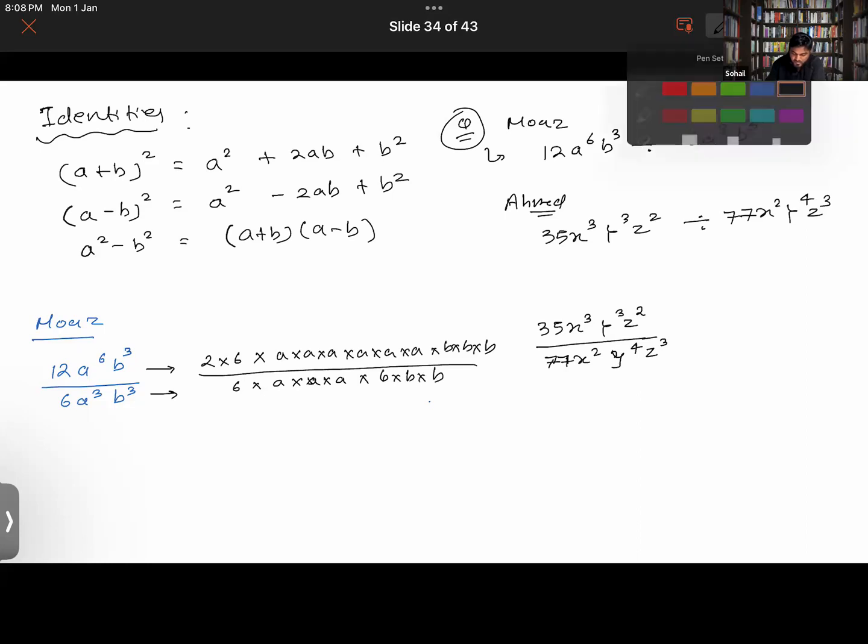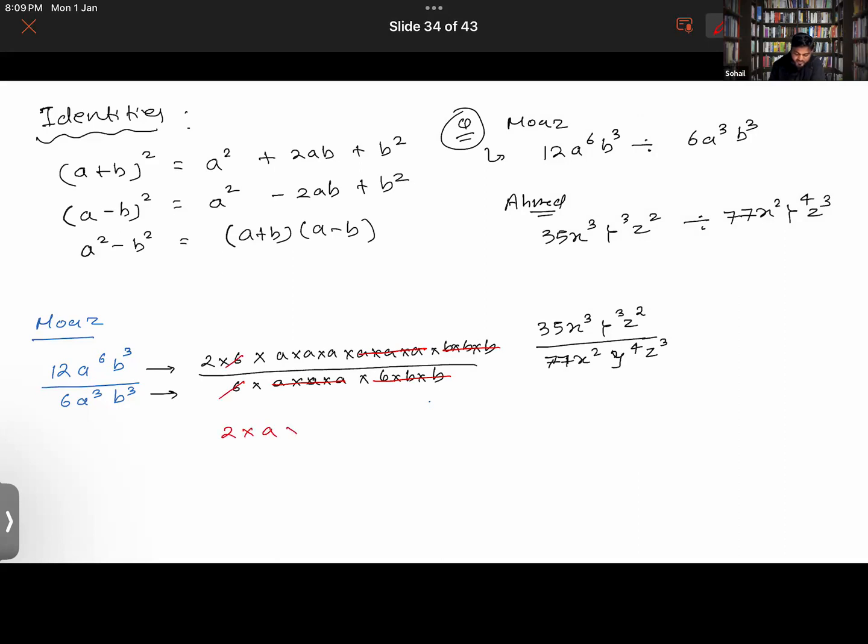Here you can clearly see that these three b's will be cancelled by these three b's, right? Three a's are cancelled by these three a's. Six, six cancel, so you are left with 2 times a times a times a, that is 2a cube, right? So it would be better to solve using this method. Okay, in the exam also you will solve like this when the question is given from the factorization chapter.